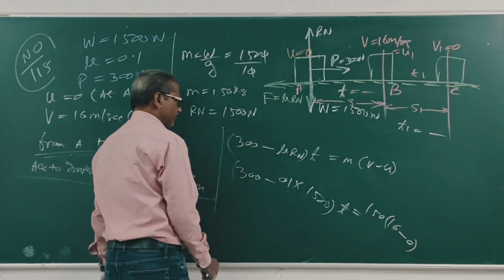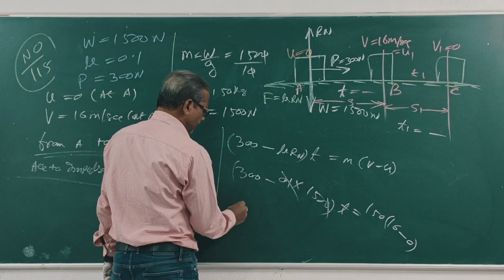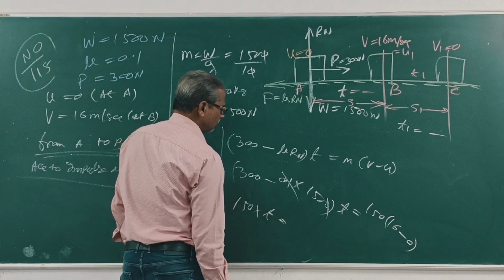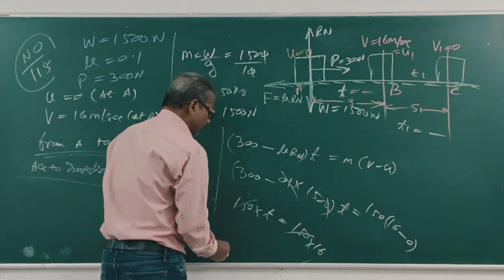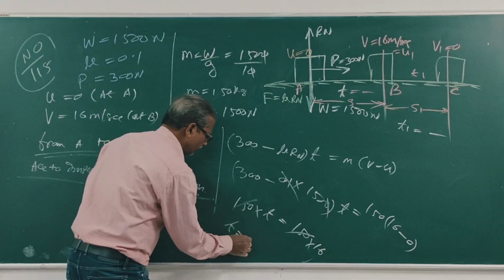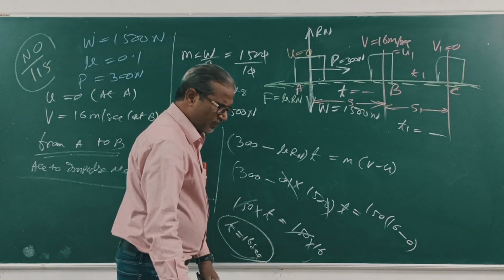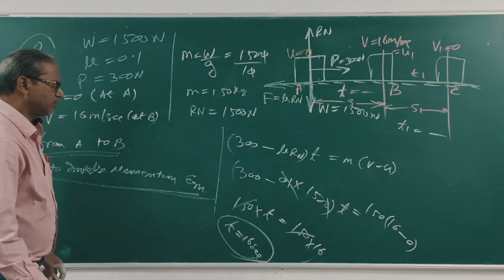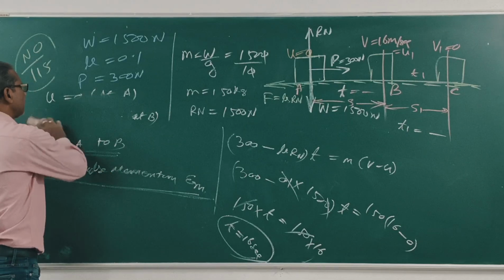You will find out t. Clear? 0.1, the zero cancels. So 300 minus 150, 150 into t is equal to 150 into 60. So 150 cancels out. What is t equal to? 60 seconds. This is the time taken from A to B. t is your time taken from A to B.